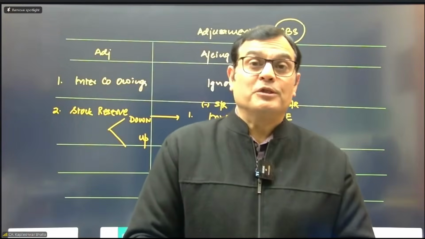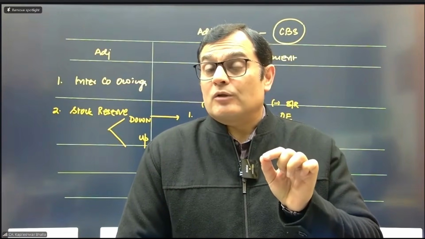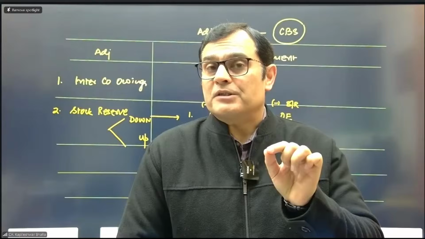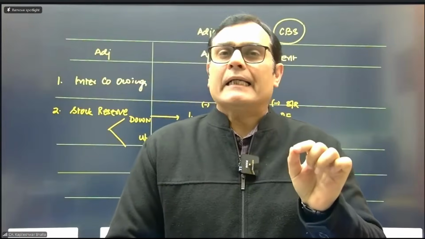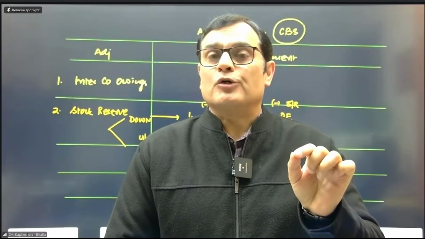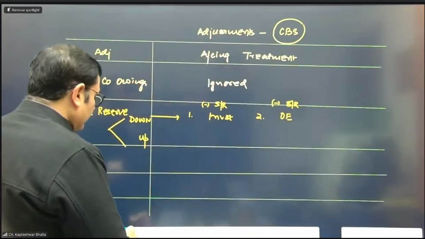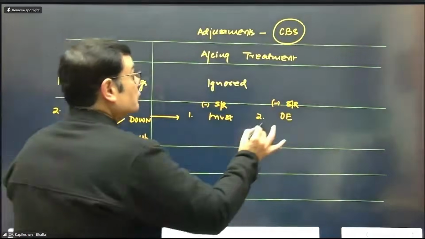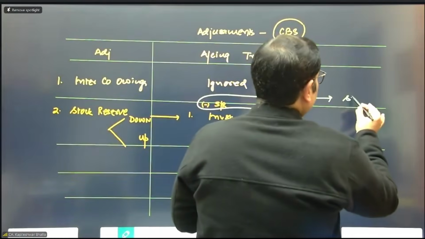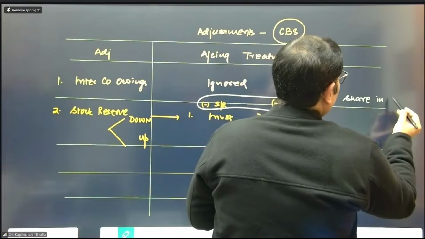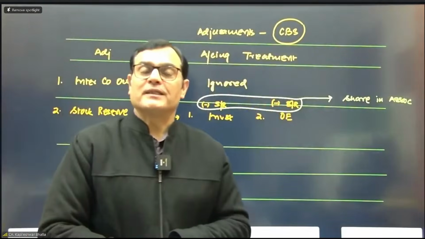Now, one thing which you need to be careful on: when it was Ind AS 110, the stock reserve elimination was 100%. 100% in the sense, let's say if there is an unsold stock and you calculate a stock reserve, let's say 2000, you reduce the entire 2000. In this case, when you calculate the stock reserve, we will not make a reduction of the 2000. The reduction will be to the extent of share in the associate company.